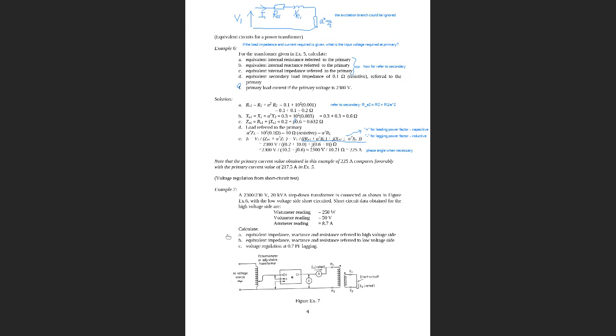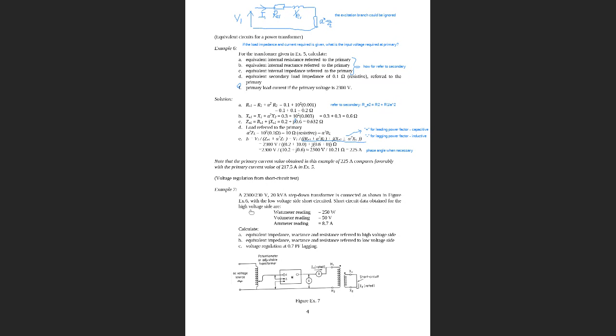Okay, so now we're looking at two examples that are talking about the testings: the usage of testings and also the basic connections when doing the testings. Example 7 shows you how to do the short circuit tests for a given step down transformer.